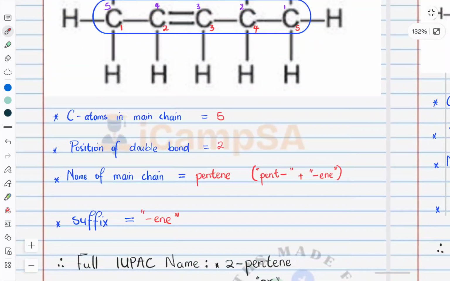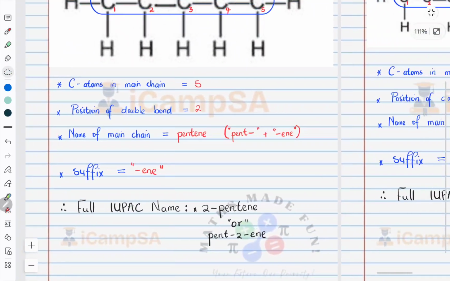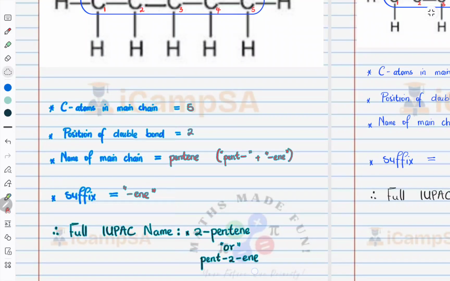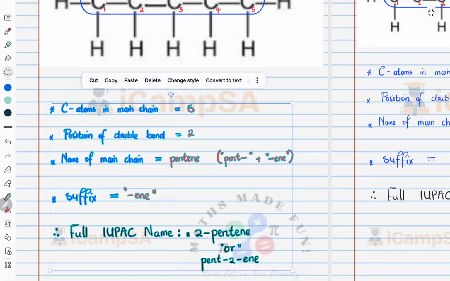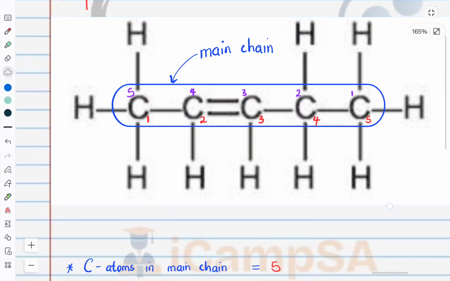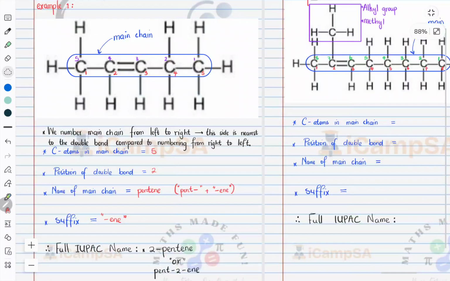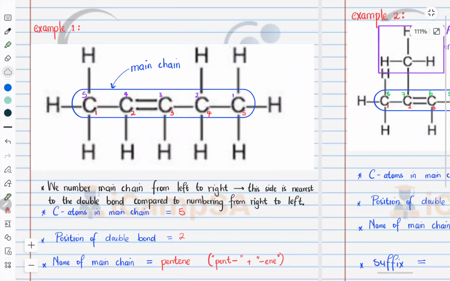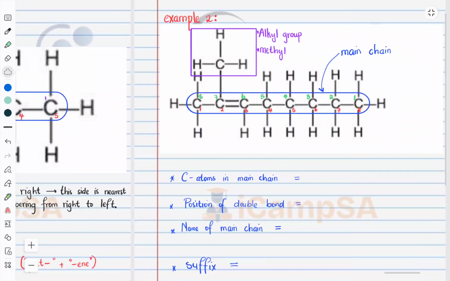Okay, so let's also specify here that we number the carbon atoms from which side to which side because it's closer to the double bond. I just added that here for our first example. We number the main chain from left to right because this side is nearest to the double bond compared to numbering from right to left. We'll do the same thing for our example 2.